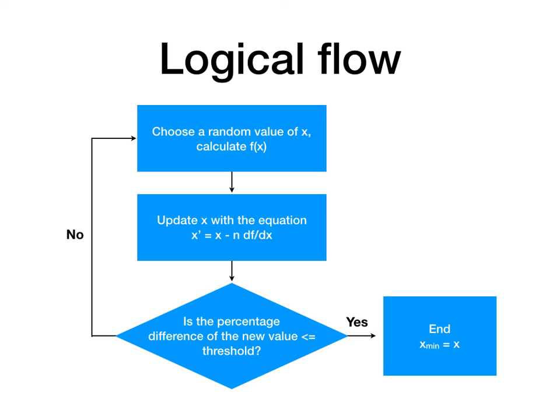What this means is that you terminate the algorithm if the new value doesn't change much compared to the old value. This means that your minimum point has been reached. If the value is not smaller or equal to the threshold, you just repeat the steps over and over again until you reach the terminating condition. And that's the end of the first tutorial.